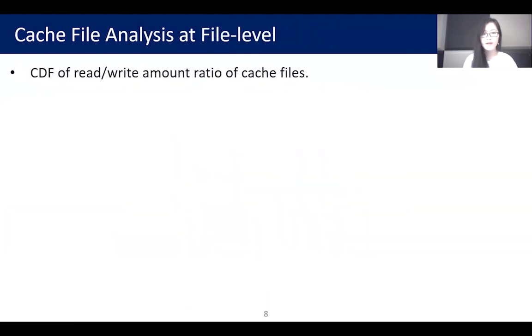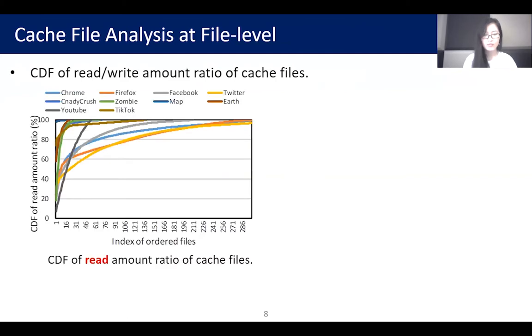So we further analyze cache files at the file level to find what kind of cache files do not need to be written back. This is the read amount. The Y-axis is the read amount ratio. We ordered the cache files according to their read amount, and the x-axis is the index of the ordered files.